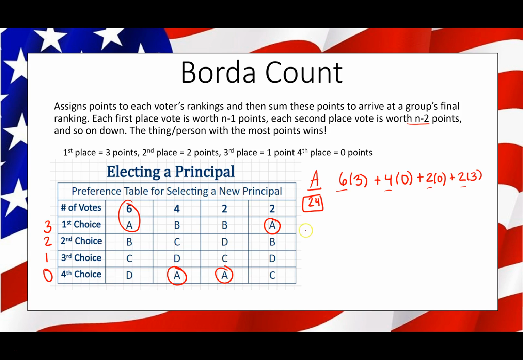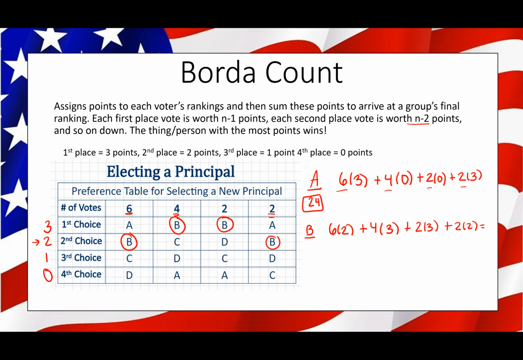All right, let's go ahead and try B now. B has 6 people giving it 2 points, plus 4 people giving it 3 points, plus 2 people giving it 3 points, plus 2 people giving it 2 points.